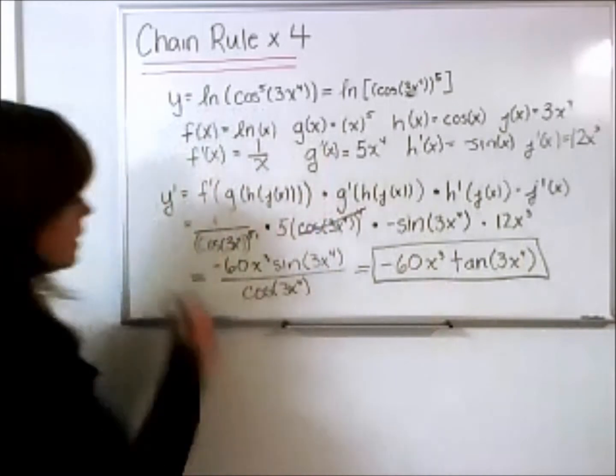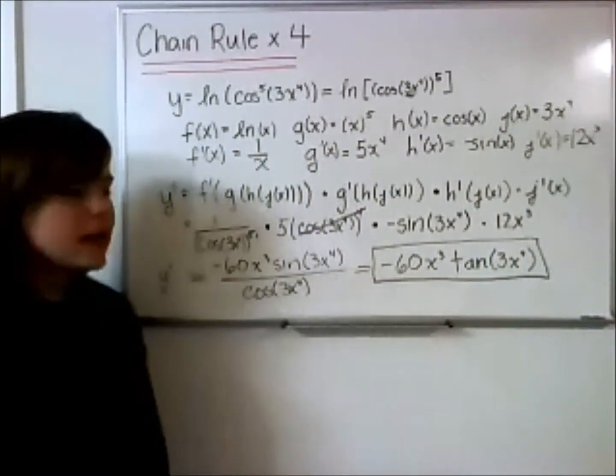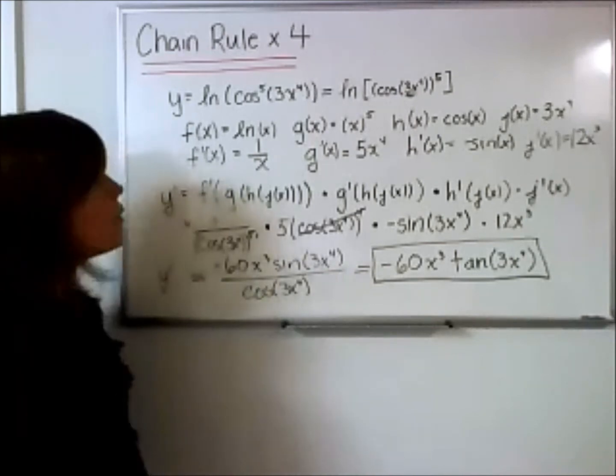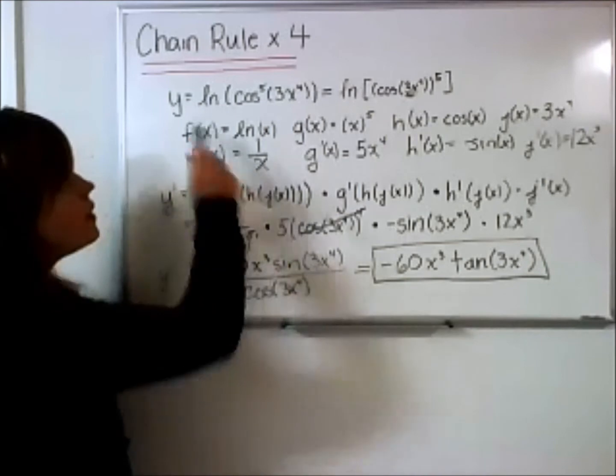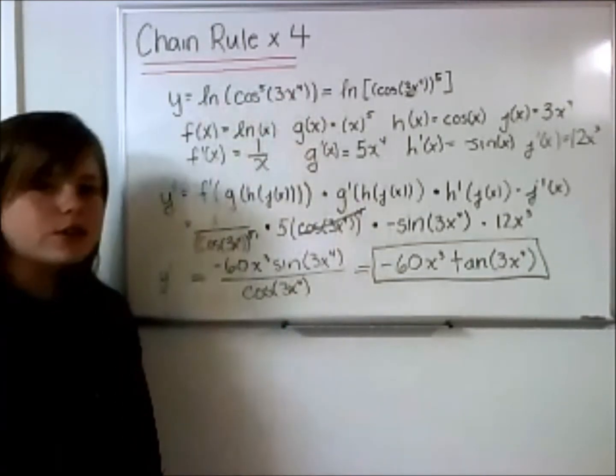And there is our final answer. So, negative 60x to the 3rd times the tangent of the quantity 3x to the 4th is the derivative of this function up here, our original function.